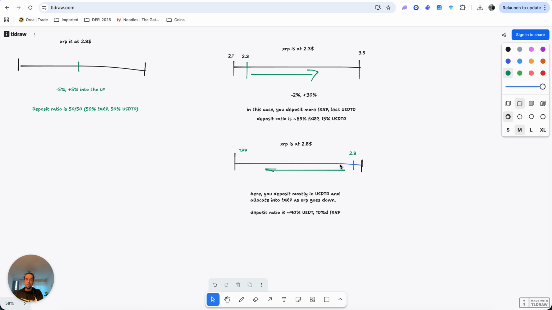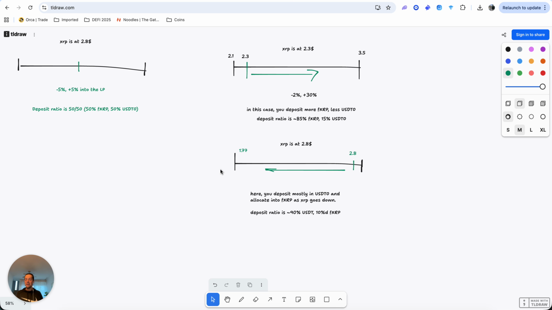For example, you deployed here at 2.8, the XRP is going down towards 1.77. At this point you will be fully converted to Fxrp, so you can withdraw the money. You will get your Fxrp at better prices because you will be slowly converted all the way from 2.8 to 1.77, plus you will get all the fees earned from that pool as well. So you will essentially have even more Fxrps, right?